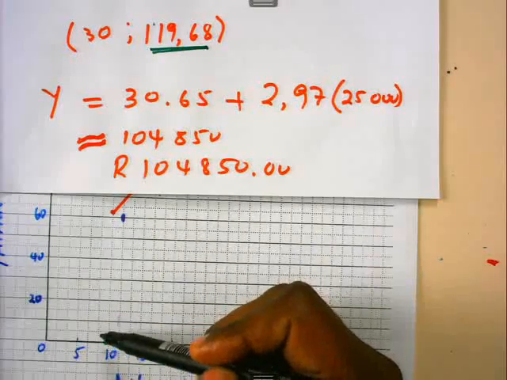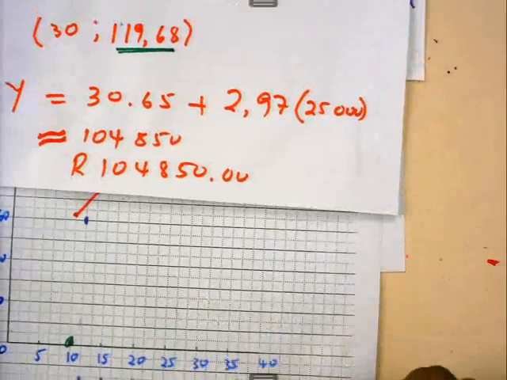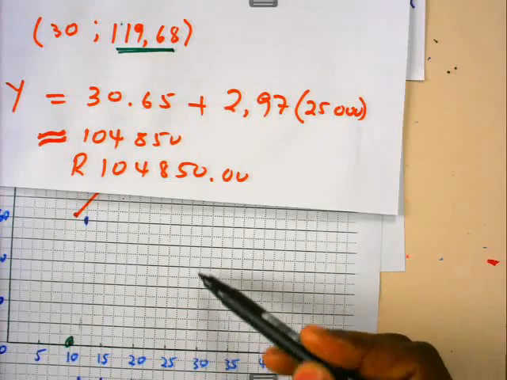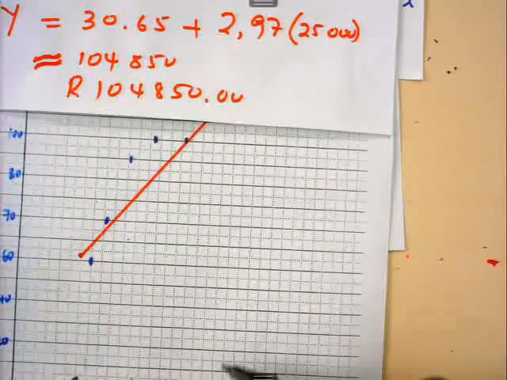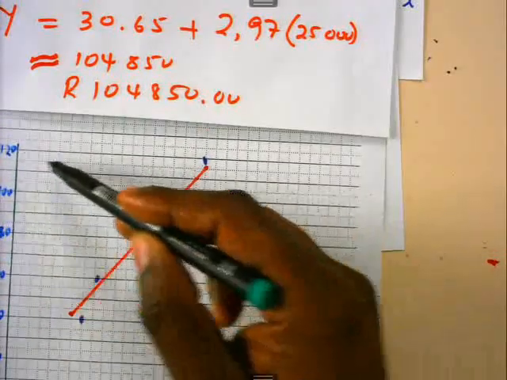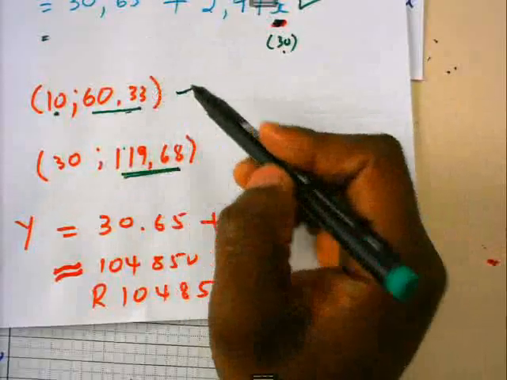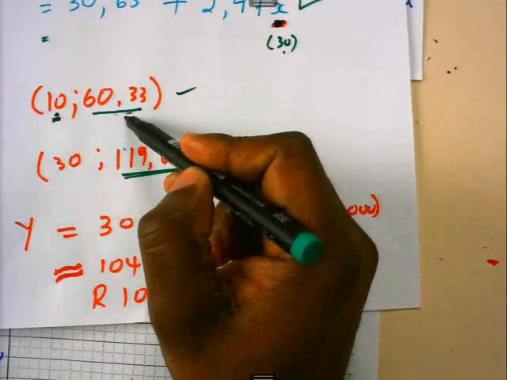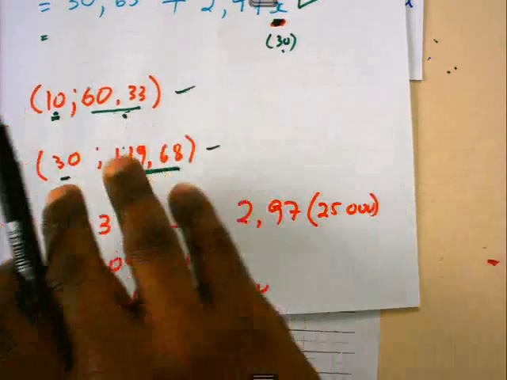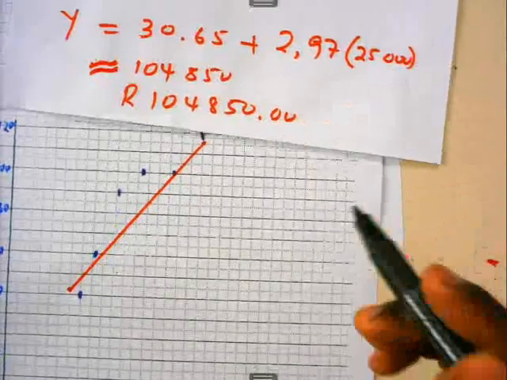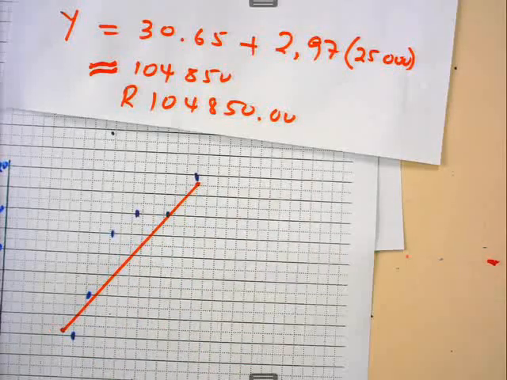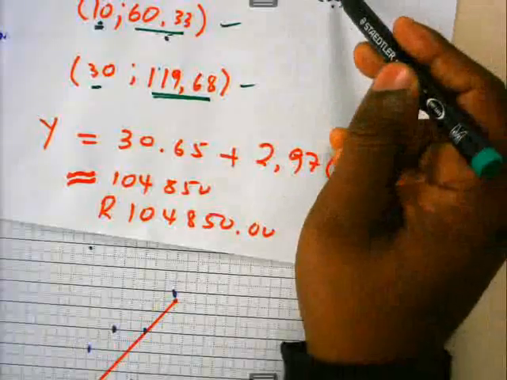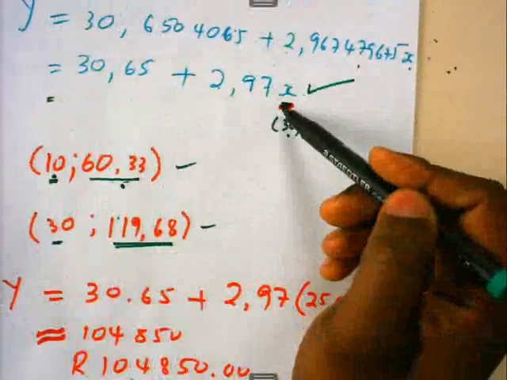But when we substituted 30, we had 119.68 for y. These are the 2 points. We calculate them with the calculator. These are the 2 points: 10, 60.33, and 30, 119.68. Then you draw the line through the 2 points that you have substituted in the equation for the value of x.